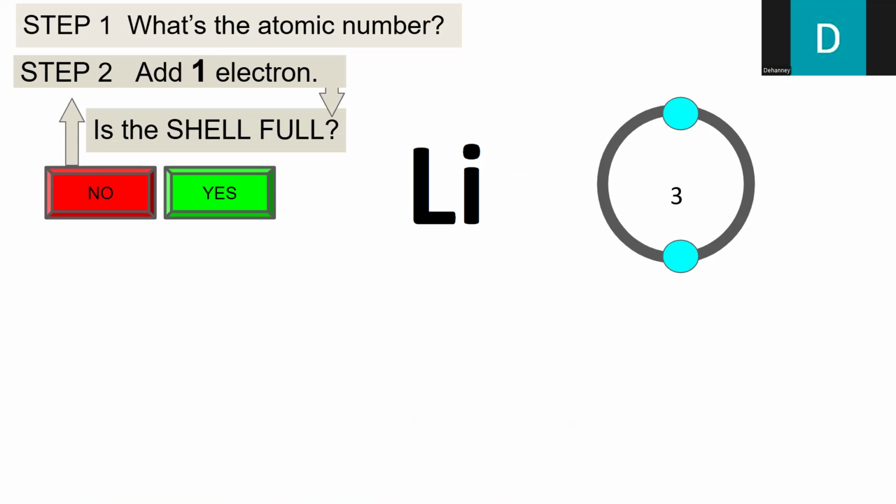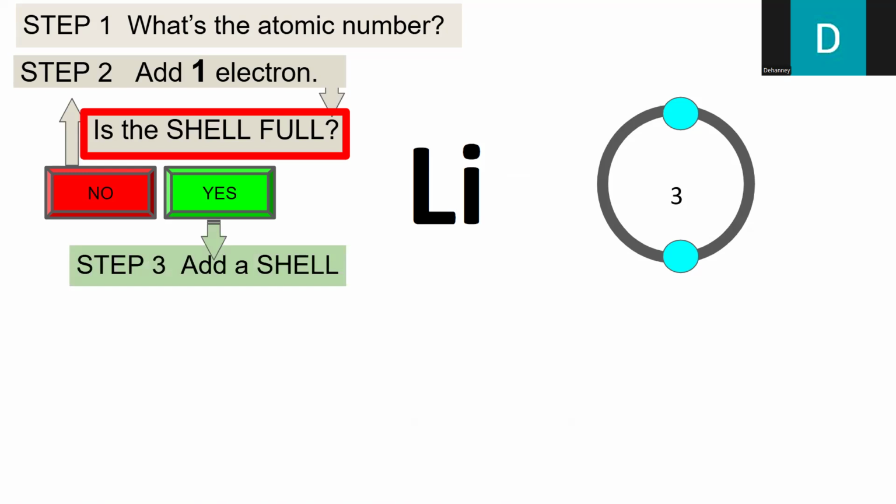That's the rule that we did at the beginning. So you need to have 2 electrons on the first shell. 3 electrons on the first shell is not allowed, right? So is the shell full? Yes, it's now full because it has 2, right?